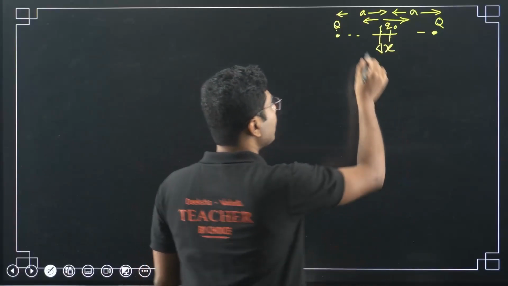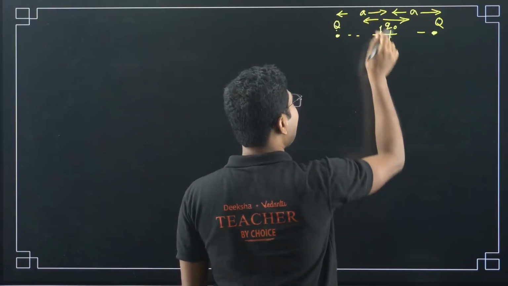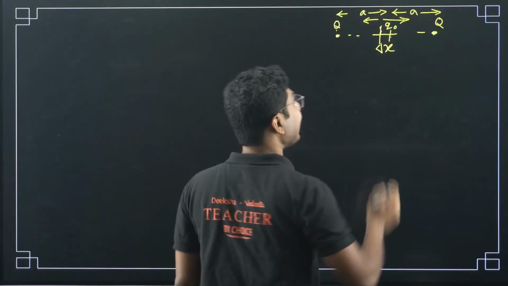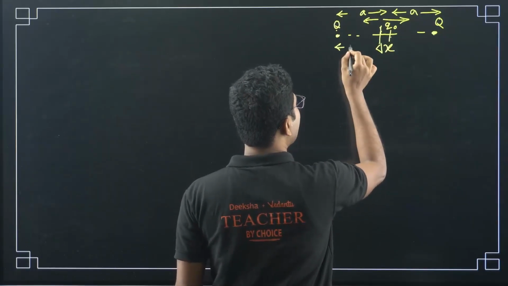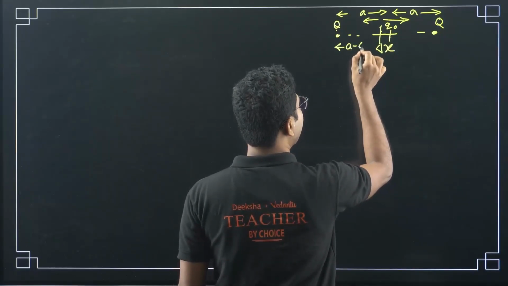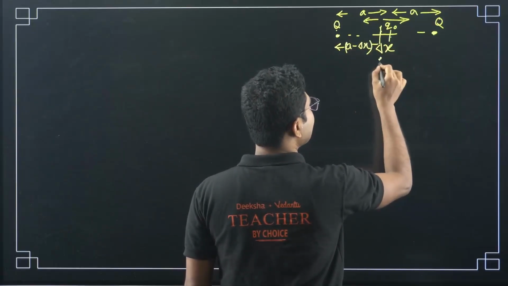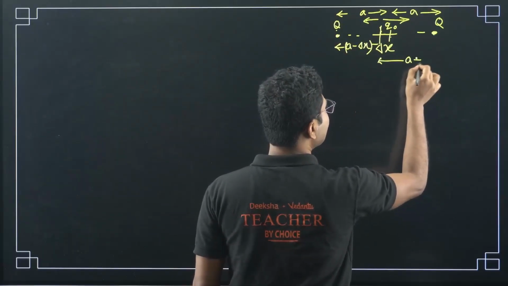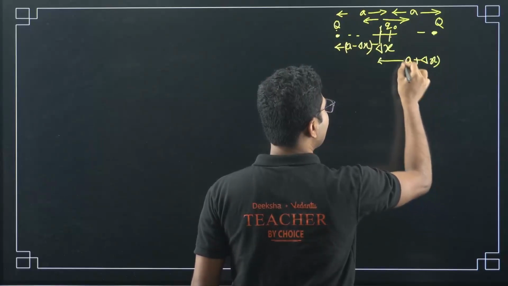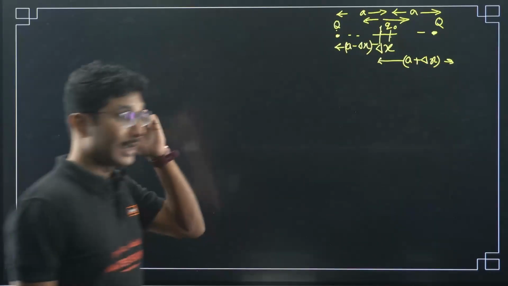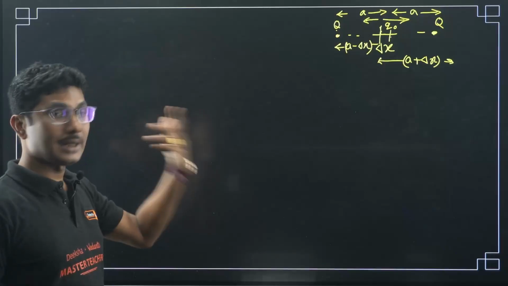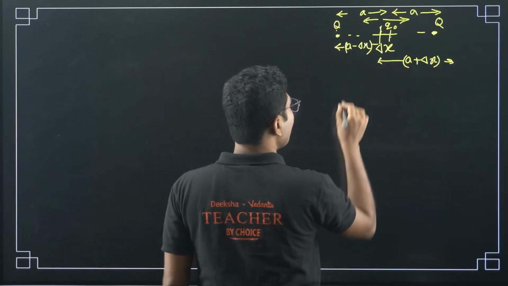First we will say this was A and the displacement is delta x. So what is the new distance now? The new distance will be A minus delta x, and this distance will be A plus delta x. One has A minus delta x, another has A plus delta x. So what is the force?